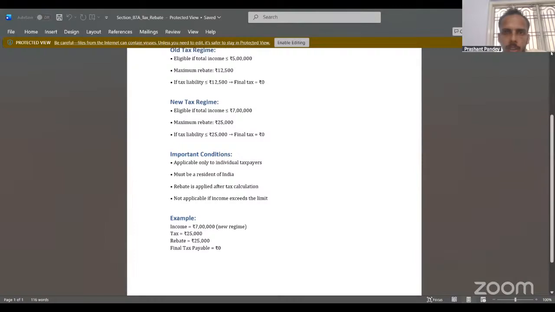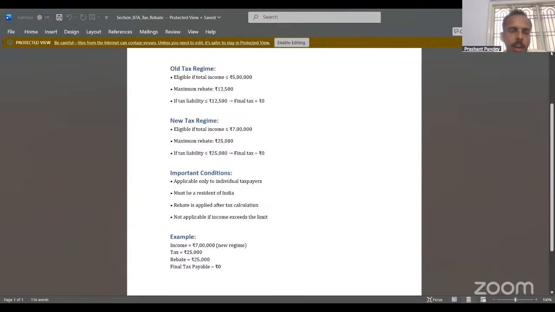Okay, because students quite a time ask, sir, what is the difference between the deduction and the rebate? So deduction basically reduces our taxable income, whereas rebate reduces the tax directly.